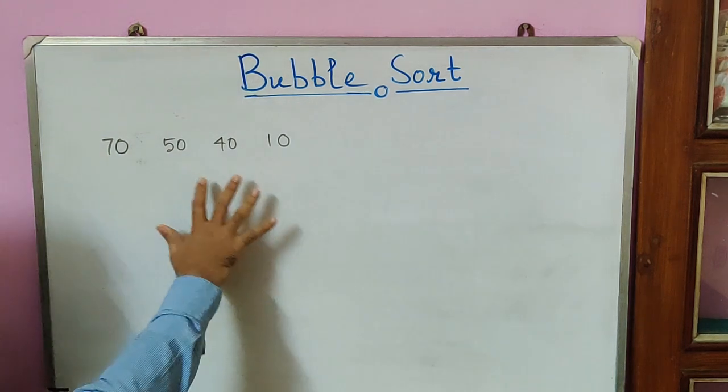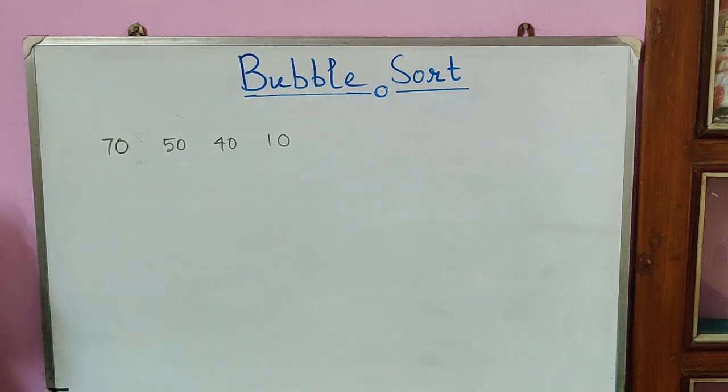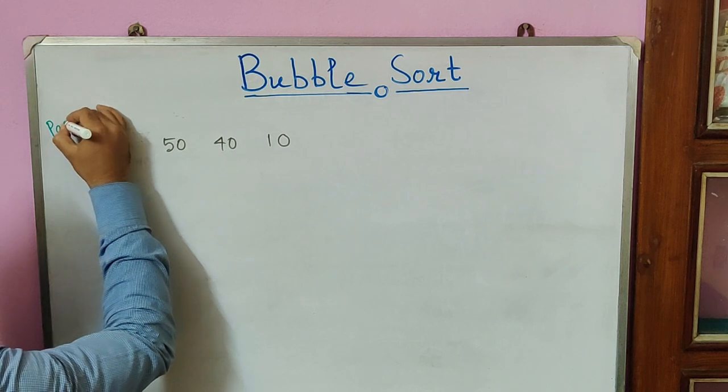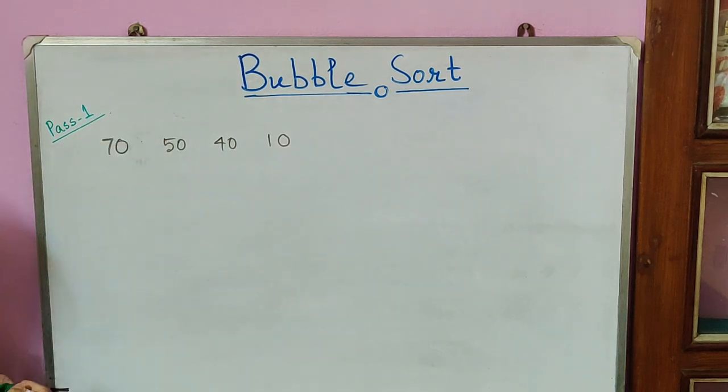These are my elements, and you know that 0, 1, 2, 3 are my index numbers. I just write here pass 1.